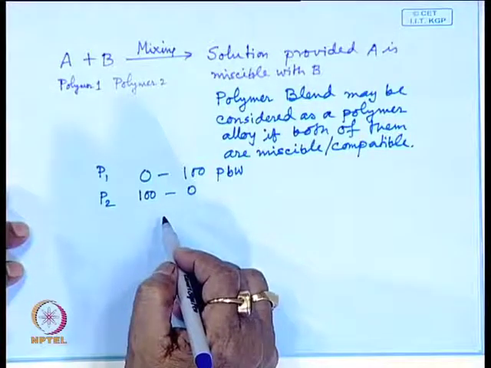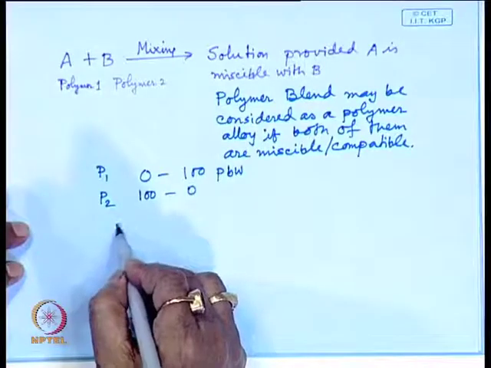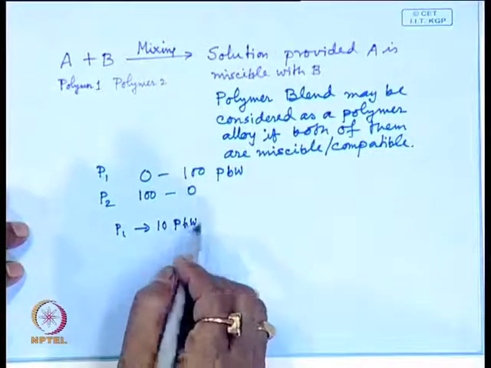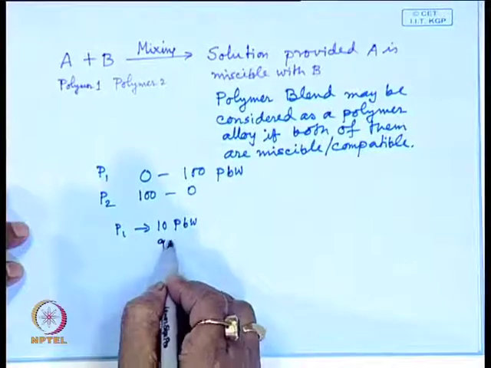But it can so happen that one polymer can be miscible with another polymer up to a certain specified composition. Say, suppose P1 up to 10 parts by weight can be miscible with P2 with 90 parts by weight.